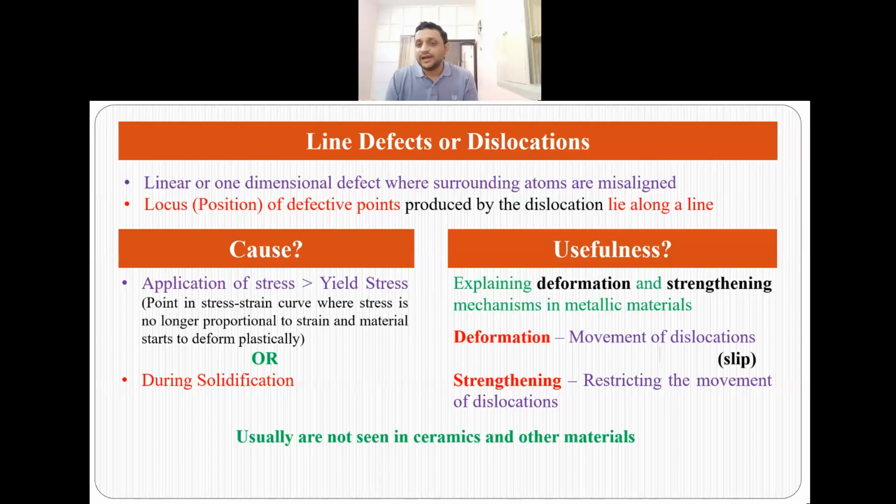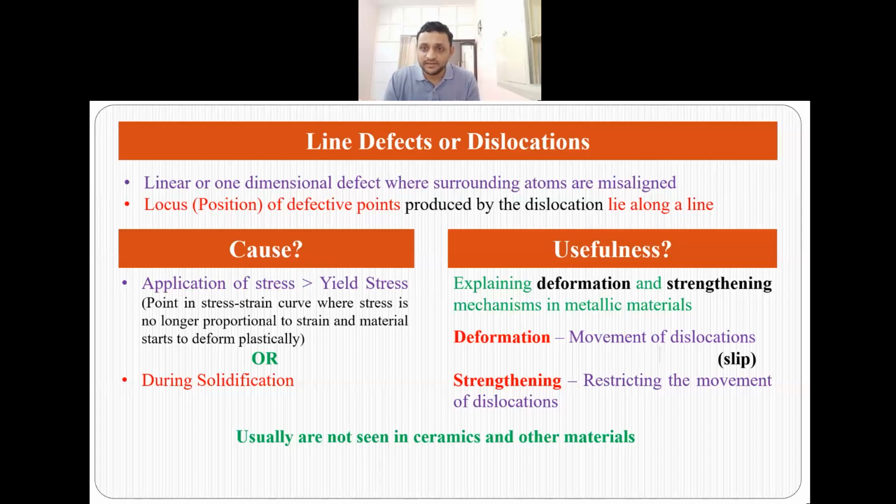Now, are dislocations useful? Yes, dislocations are very useful when we want to explain the deformation and strengthening mechanisms in metallic materials. Essentially, in deformation, we talk about movement of dislocations or slip. And in strengthening, we are talking about restricting the movement of dislocations. So if the dislocations are moving, deformation will occur.